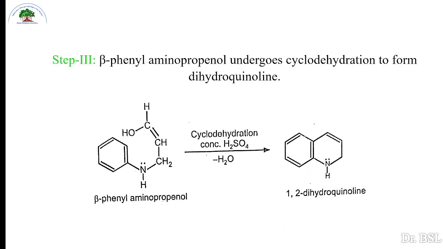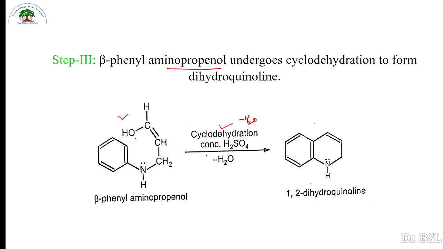In step third, what happened? Beta phenyl aminopropanal undergoes cyclodehydration to form dihydroquinoline. And what is this cyclodehydration? Dehydration, that is removal of H2O, to cyclize the compound or to form a cycle of the atoms.